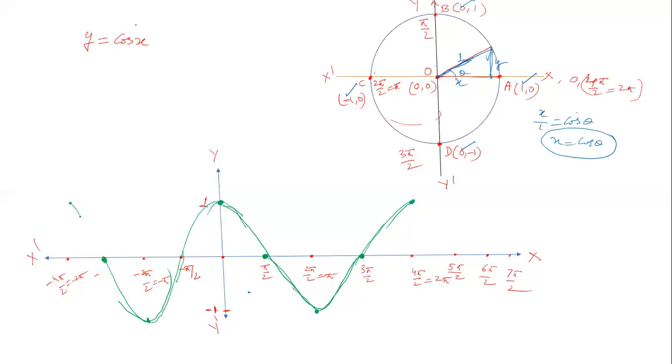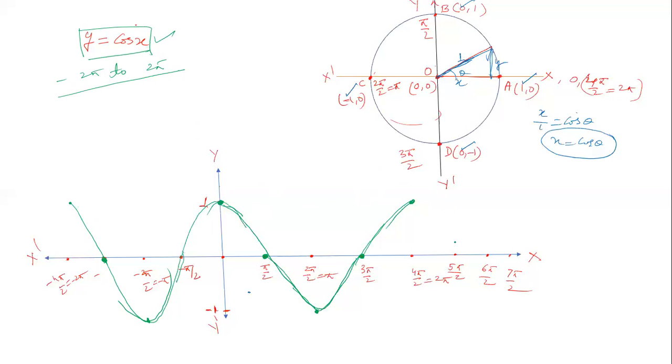And we have drawn the graph of y equals cos x from minus 2 pi to 2 pi.